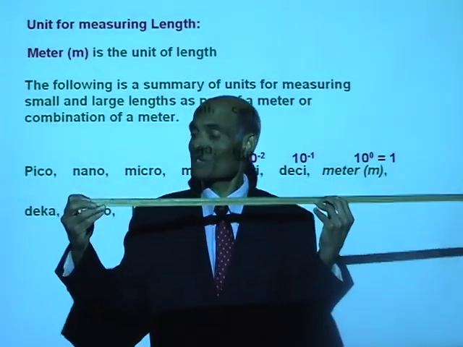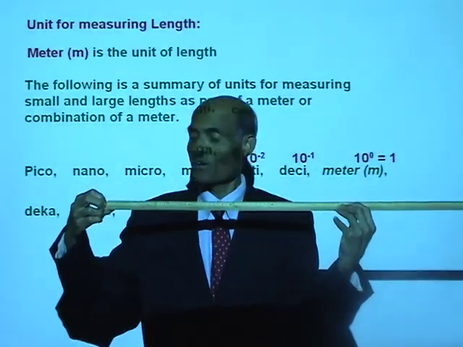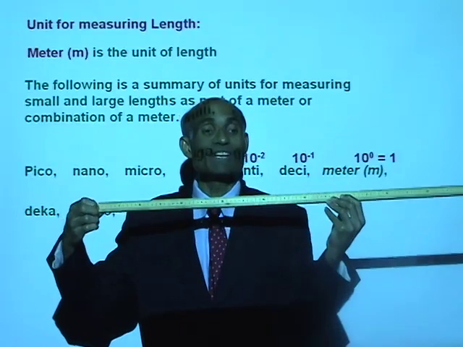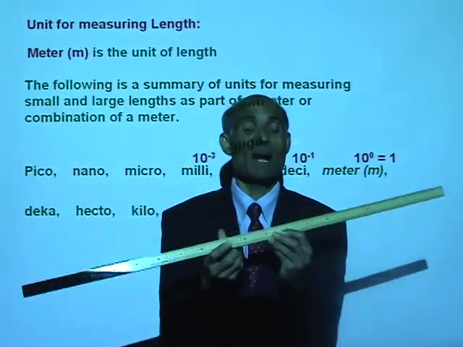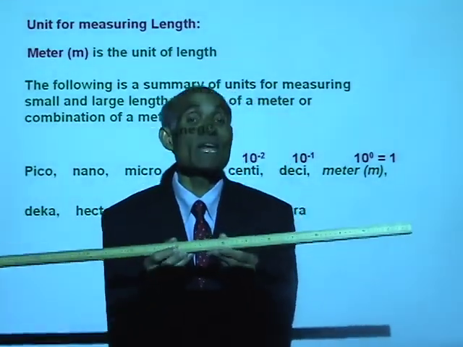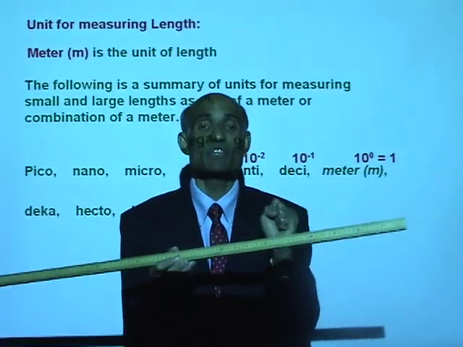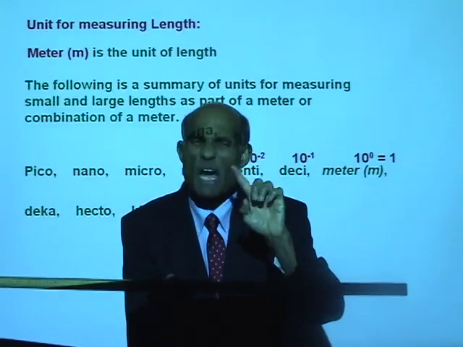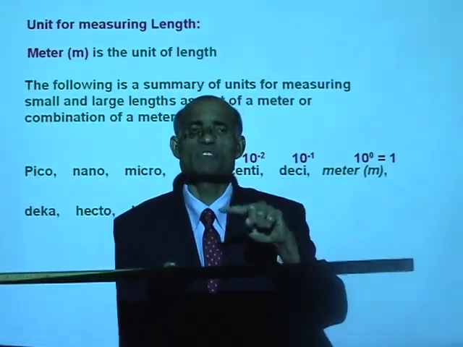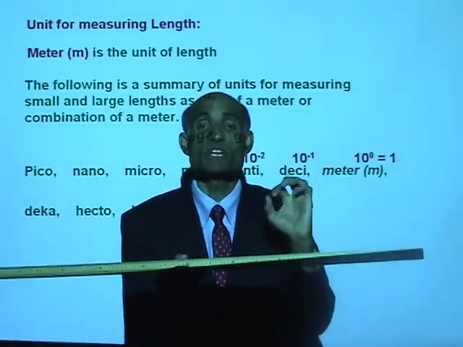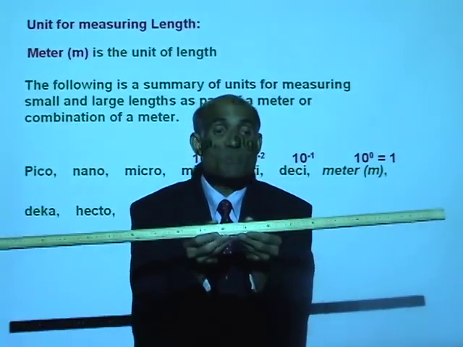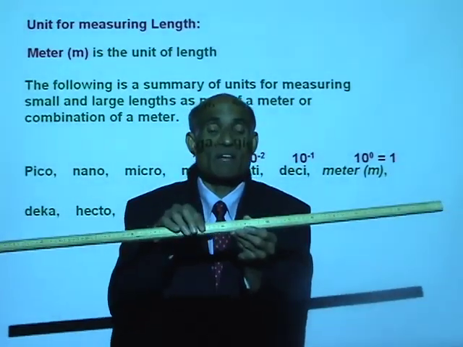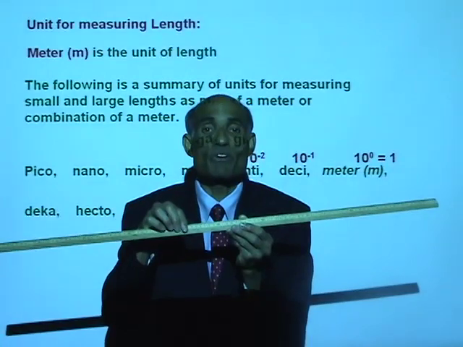In fact, the smallest division you see on the ruler is a millimeter. I suggested in the beginning of the course that you must get hold of a ruler and a protractor, a device to measure angles. It's very useful. But at least you must have a ruler so that when I'm talking, you can actually refer to it.